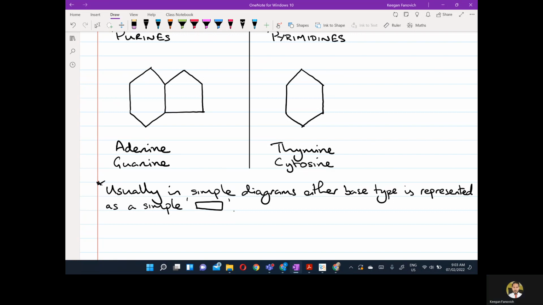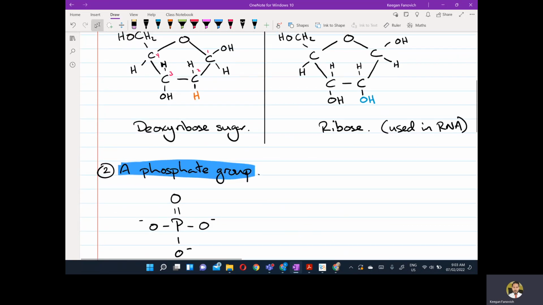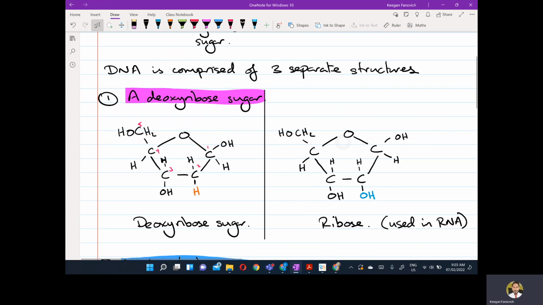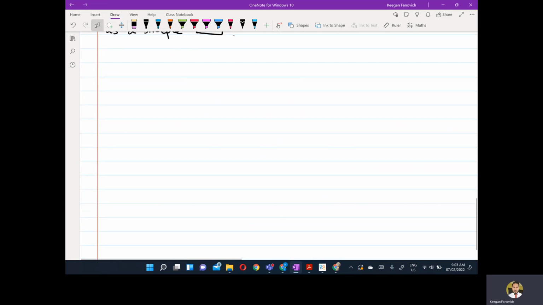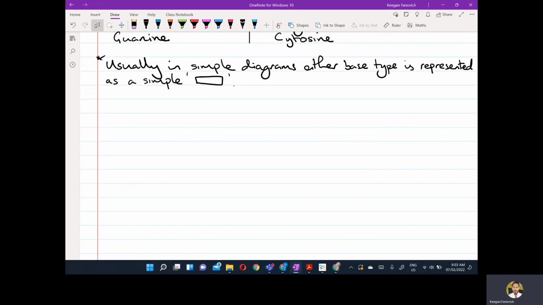Okay. So these are the three components together: the organic base, the phosphate group, and the deoxyribose sugar. Now, when you put all three of them together, you end up producing the nucleotide.